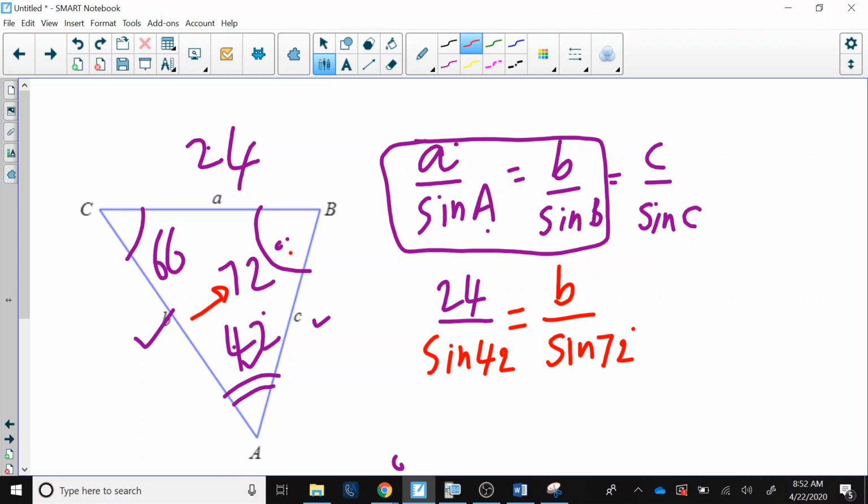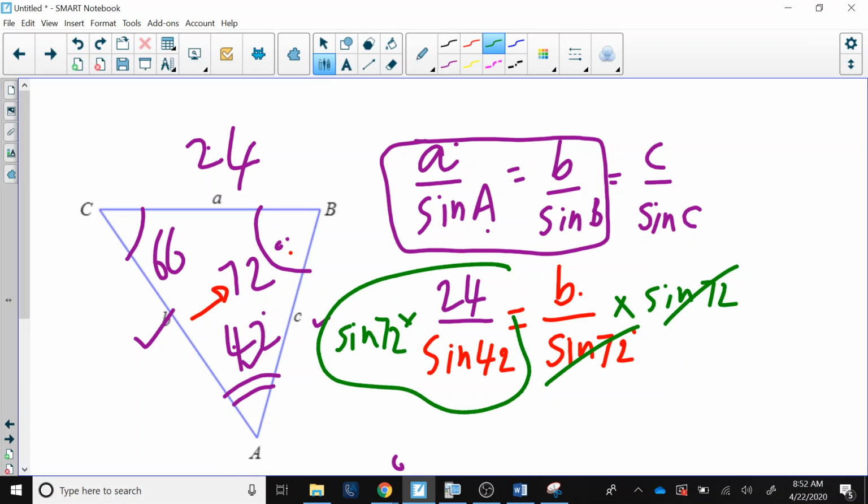Remember, when you write the capital B, you should not write just 72; you should write sine 72. Now, to find b, I need to get rid of this sine 72, so I multiply both sides by sine 72. The sine 72 cancels out. All I need to do is put this in the calculator and I'll get b.